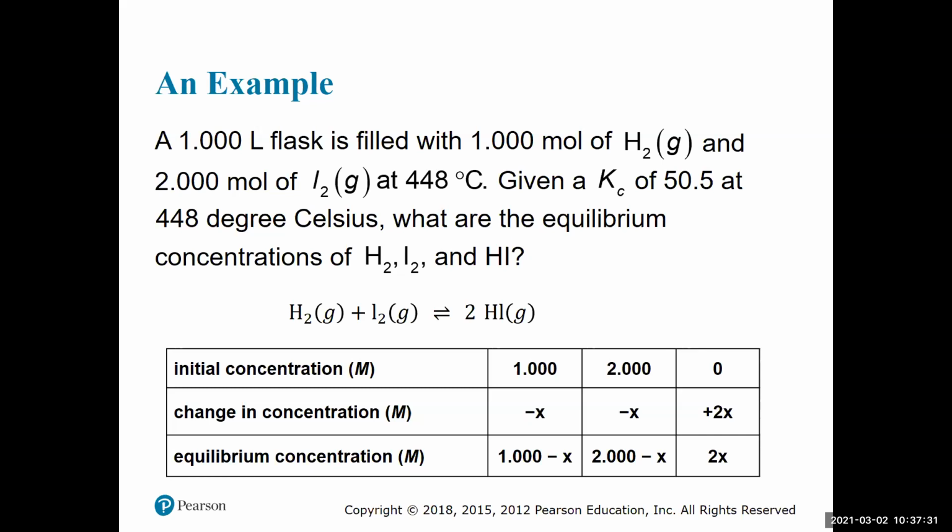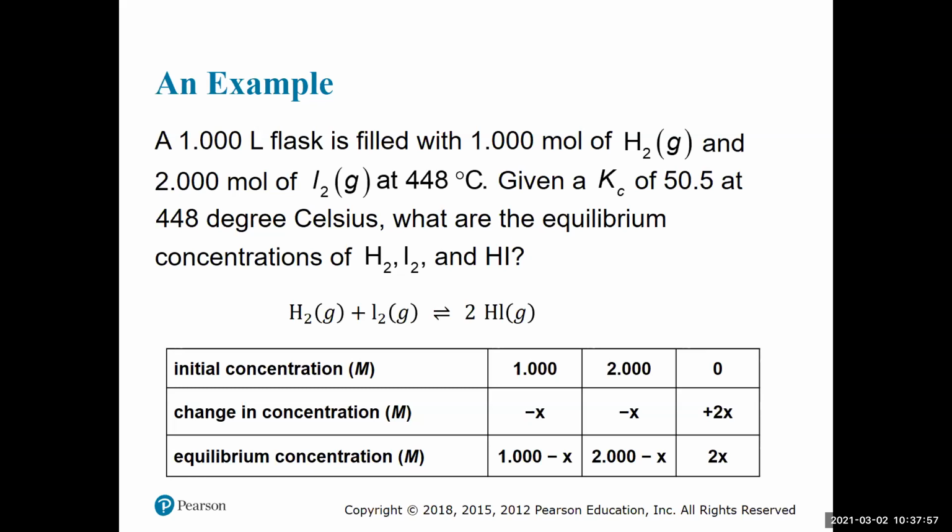But a lot of times you don't have a 1 liter container, you have some other volume, so you have to take your moles and divide by that volume to get molarity. The other important thing, which we have here, is the balanced chemical equation. In this case, it's H2 plus I2 going to 2 HI.